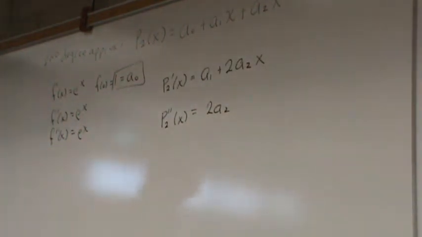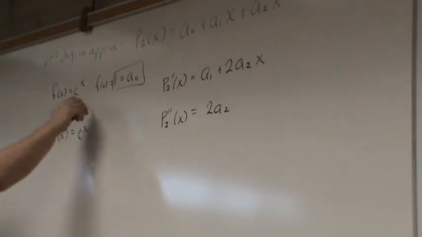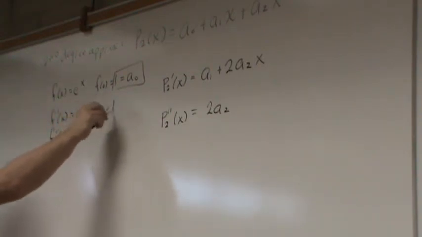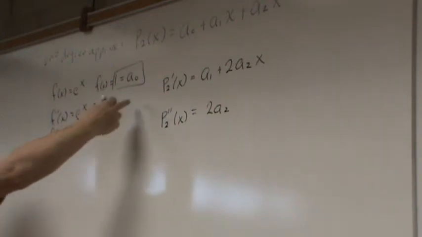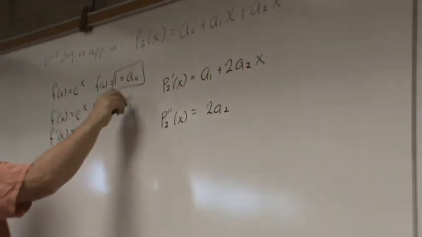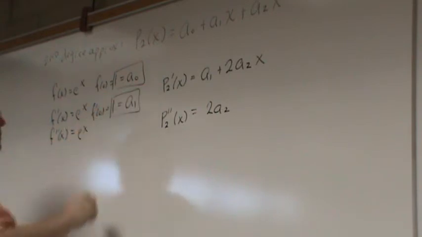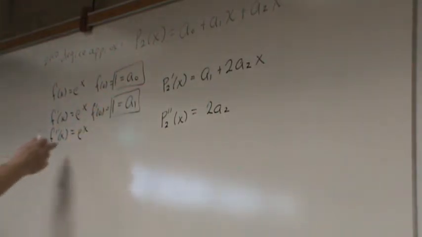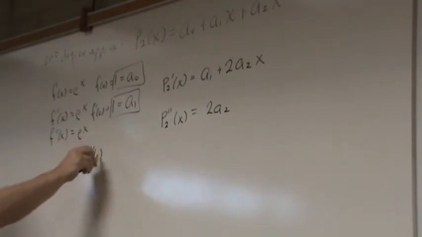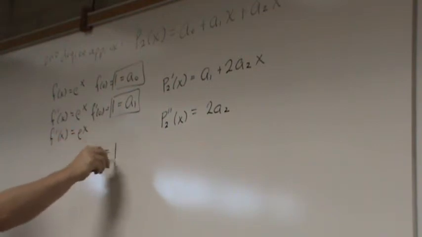Do you notice that what I found previously isn't changing? Like here, f prime of 0 is still 1, and when I stick 0 in here, I get a1. So I still get a1 equaling 1, just as before. But now the second derivative, f double prime of 0, is going to equal 1.